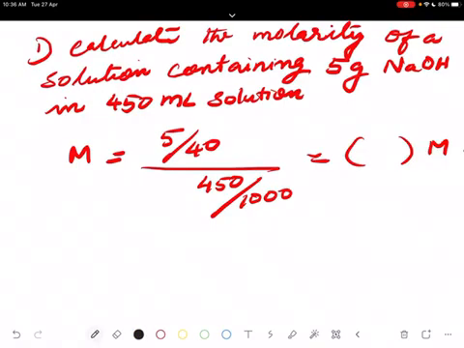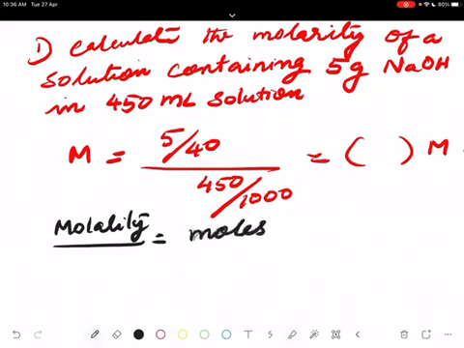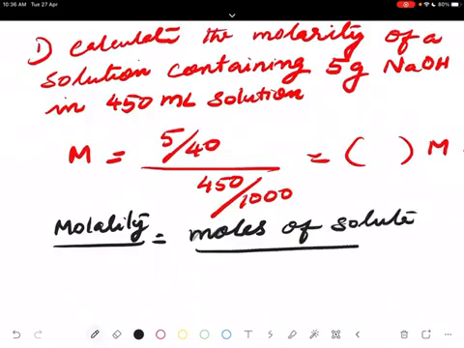Now next is molality. Molality is again, numerator is the same, moles of solute upon mass of solvent in kg. Here you have to separate that mass of solvent.